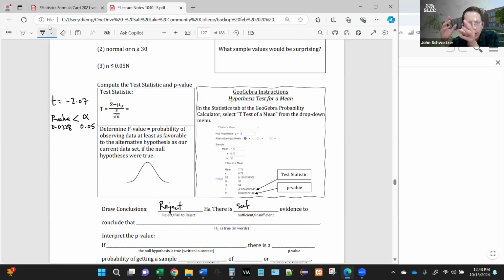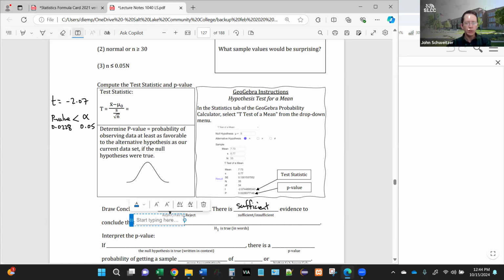The last step is where we take that formal conclusion and put it into more plain language, not necessarily dumbed down, but language that anybody who's interested can understand. It's still a little bit stuffy, but at least it doesn't refer to p-values and alternative hypotheses. So there's sufficient evidence to conclude that the alternative is true.